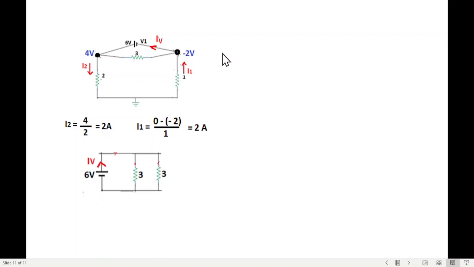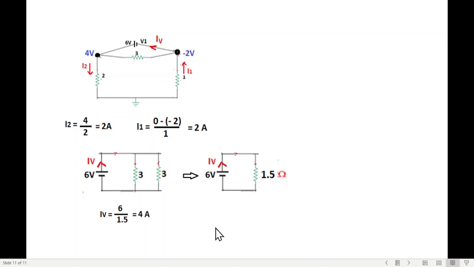For this we again tilt the circuit. So tilt the circuit: 6 volt, 3 ohm, and the summation of these two is 3 ohms. So this current is dividing into 2 paths, or we can just calculate the equivalent. 3 parallel 3 is 1.5. 6 divided by 1.5 is 4 ampere, and that is IV.